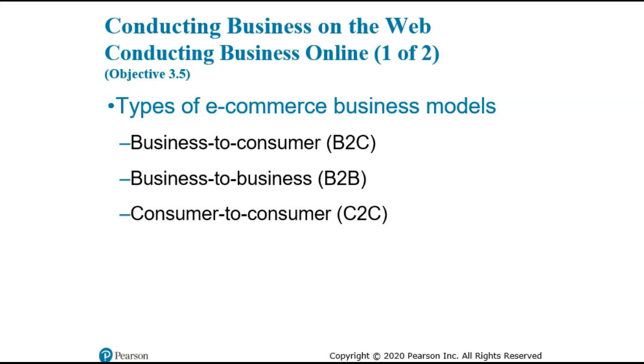So the transactions are usually done with completely online businesses such as Amazon, and those between customers and stores that have an online presence and also a physical presence. Businesses with an online and physical presence are referred to as click and brick businesses.